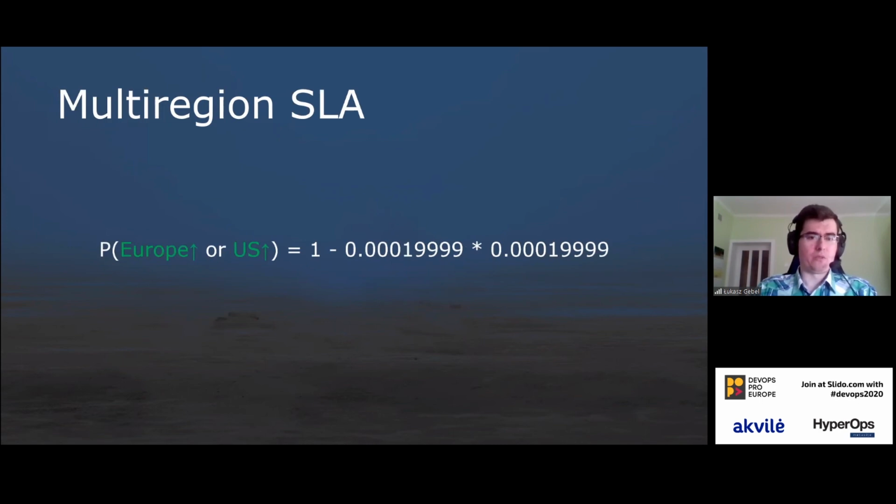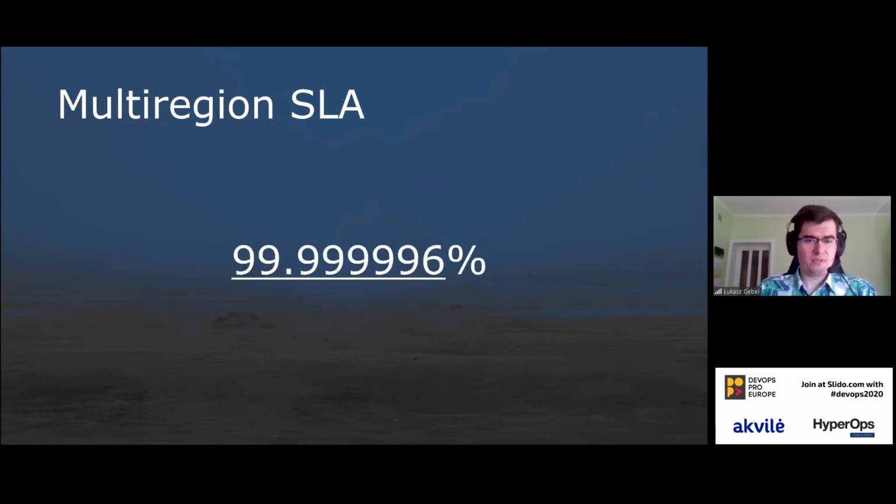So the probability of Europe or US being up is 1 minus this complex digital number, and we land with like 1, 2, 3, 4, 5, 6, 7 nines. Great, so our SLA increased a lot, really a lot, by adding a different region.